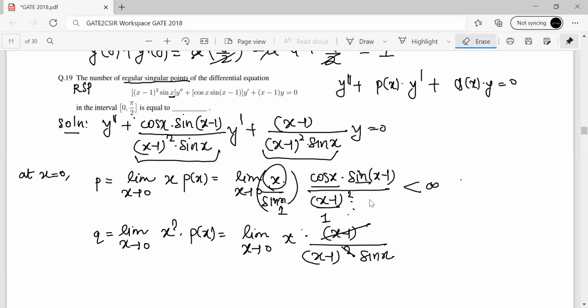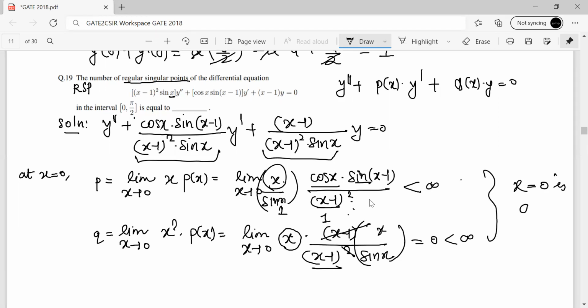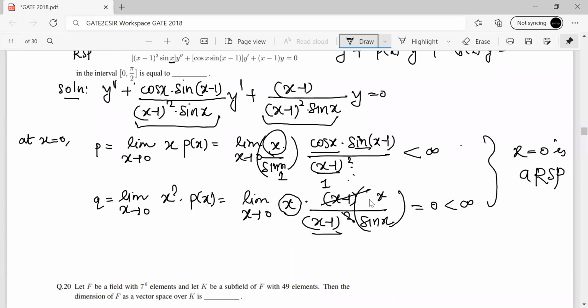So rather I'll write it x into x, so that this limit becomes 1, and limit x tends to 0, x over (x minus 1) will be 0, which is clearly finite. So from these two I can conclude that x equal to 0 is a regular singular point. Suppose if any of the limits fails to exist, then I'll say that x equal to 0 is an irregular singular point, IR. So we got one regular singular point, 0 is an RSP.